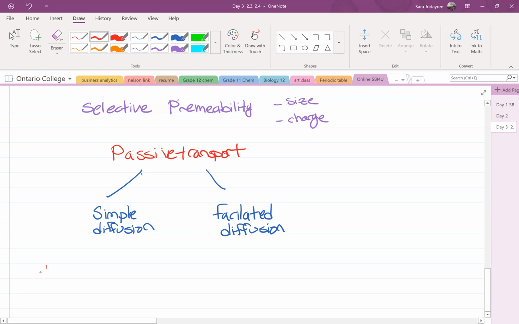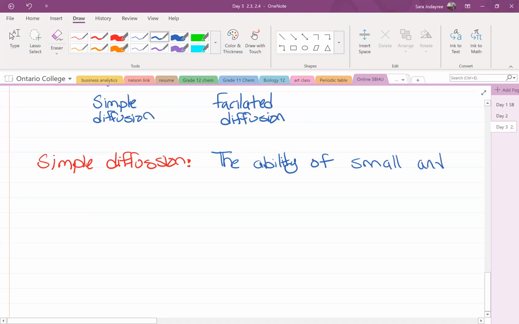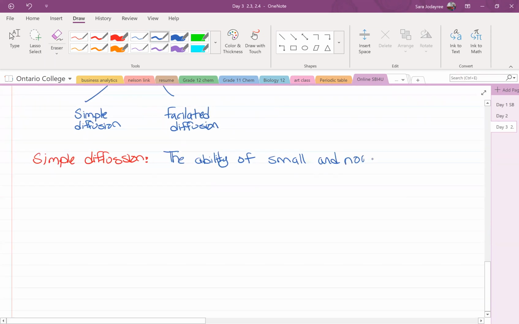So this one, the definition of simple diffusion. Now in simple diffusion, the ability of small and non-polar substances to move across the membrane unassisted.